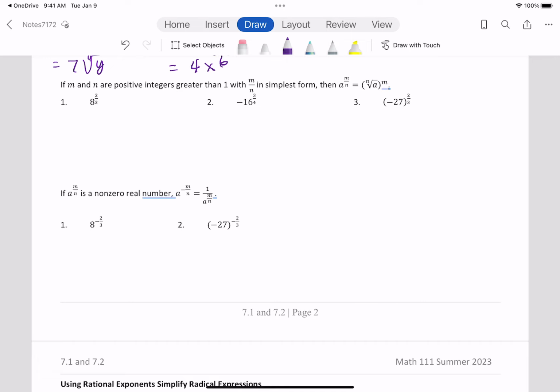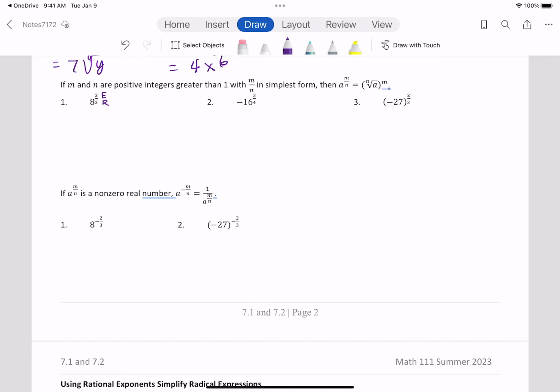Alright, so the next couple that we're going to look at, the difference is now the exponent is not going to be 1. So it is going to make a difference in the problem. It's going to work the same way. The numerator is the exponent and the denominator is the root.